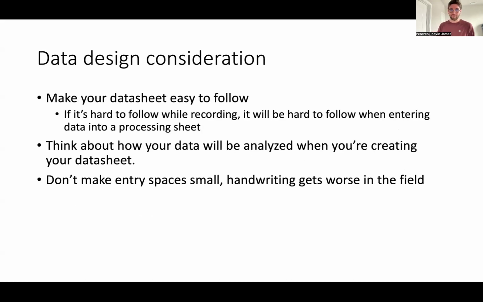Something else to consider: make sure your data sheet's easy to follow. In the case of mine, here's the first thing I'm doing when I catch a bird. Here's the band I'm putting on it. Then we look at age and sex. Then we start doing the other stuff. Those are the levels I want to go through.